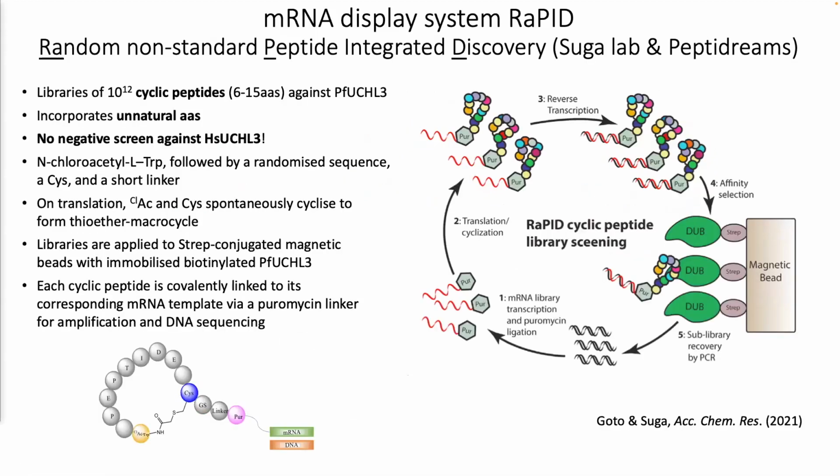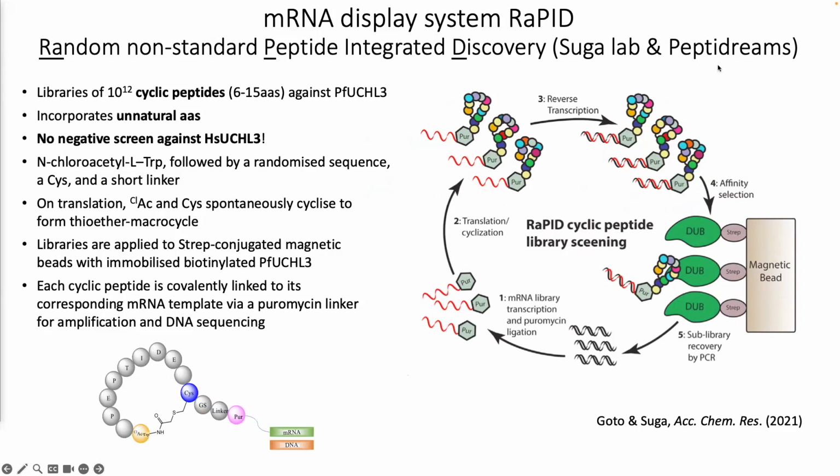We employed an mRNA display system called RAPID. This stands for Random Non-Standard Peptide Integrated Discovery. It was developed by Suga's group in Japan, and he spun out a very successful biotech company from it called Peptidreams.